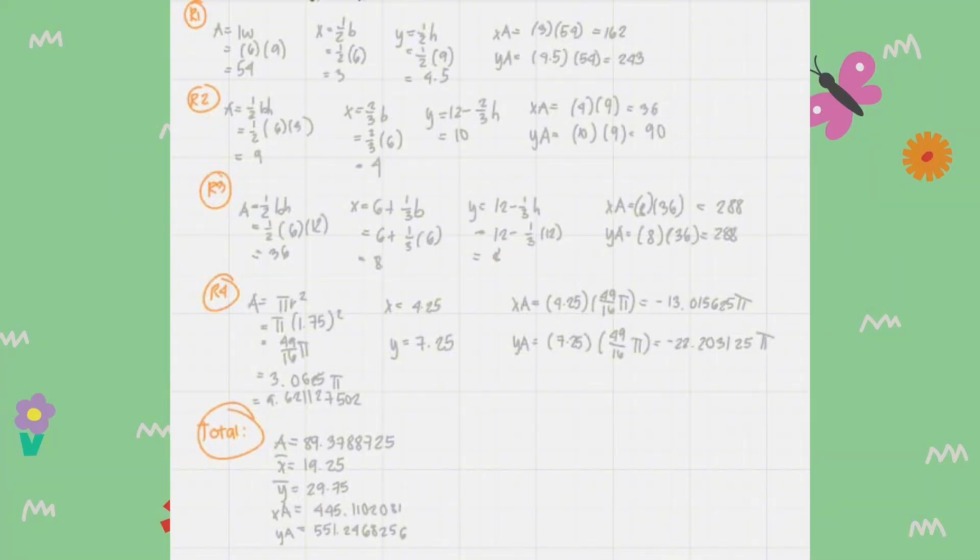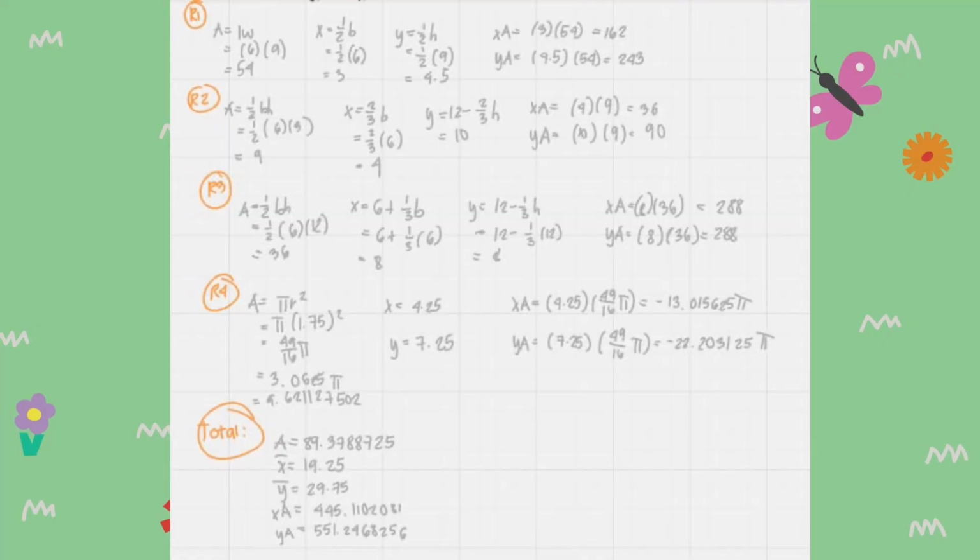For our R2, which is the top left triangle, area is 1/2 times base times height. Base is 6, height is 3. So 1/2 times 6 times 3 is equal to 9. X is equal to 2/3 times base. So 2/3 times 6 is equal to 4. Y is equal to 12 minus 2/3 times height.